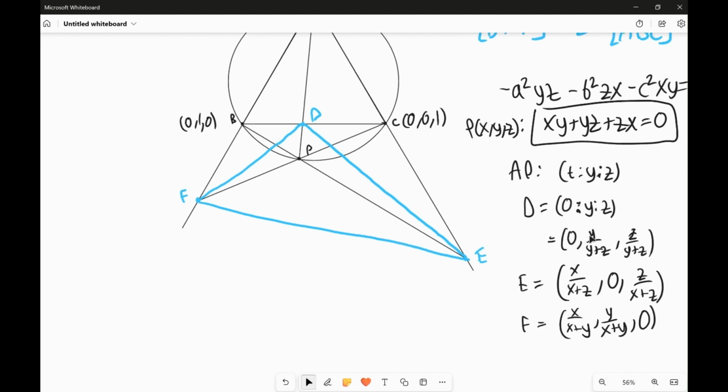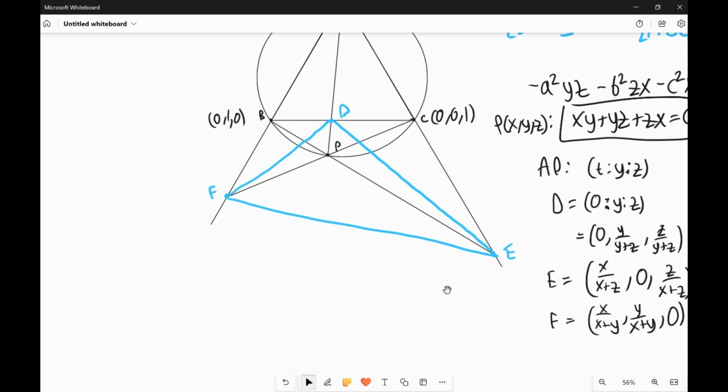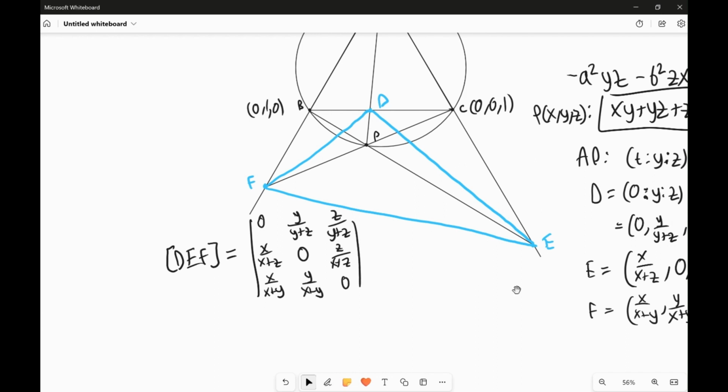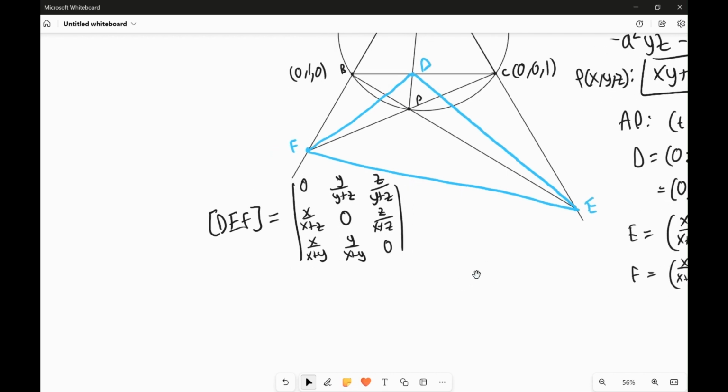So now that we know the coordinates for D, E, and F, we can start evaluating the determinant. The area of DEF is equal to the determinant of the rows (0, y over y plus z, z over y plus z), (x over x plus z, 0, z over x plus z), and (x over x plus y, y over x plus y, 0). Let's start evaluating it.